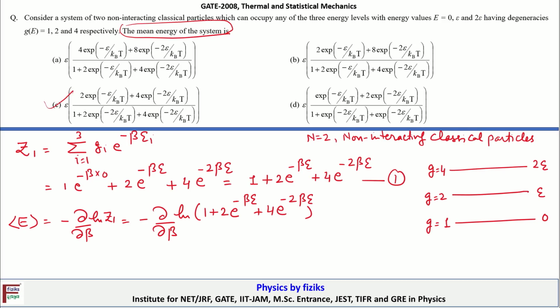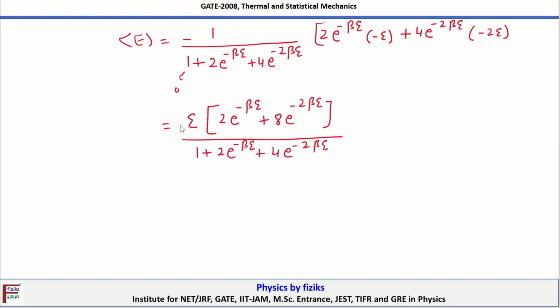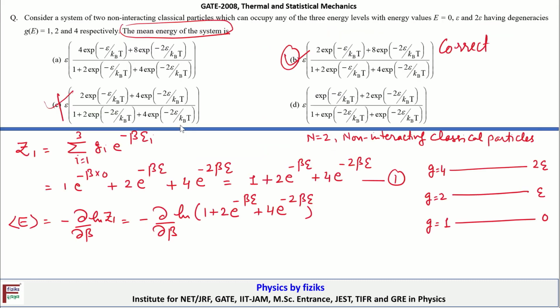So it's not the option C, but it's the option B. If you just compare the final result that we have, it's the option B here. That's the correct one. Option C is not, because we are having a factor of 8 in the numerator. So option B is the correct one here.